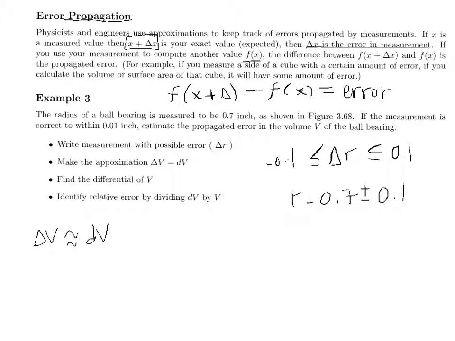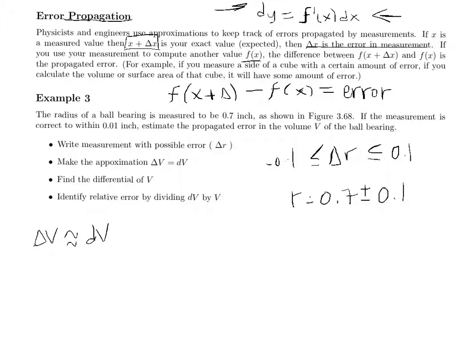We have to go back to our definition of the differential. In general our differential is dy, and the definition is f prime of x dx. That's the definition of a differential. I wrote it up here at the top so you can refer back to it. In our case, we're talking about dV.